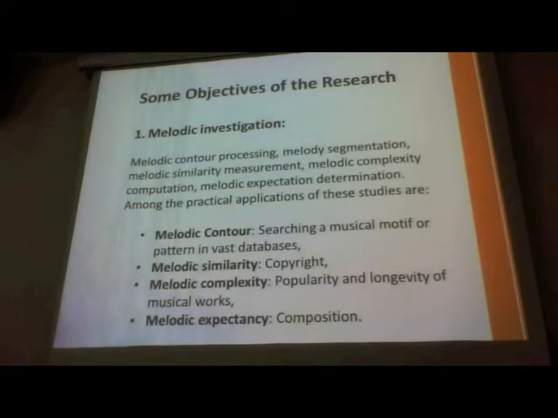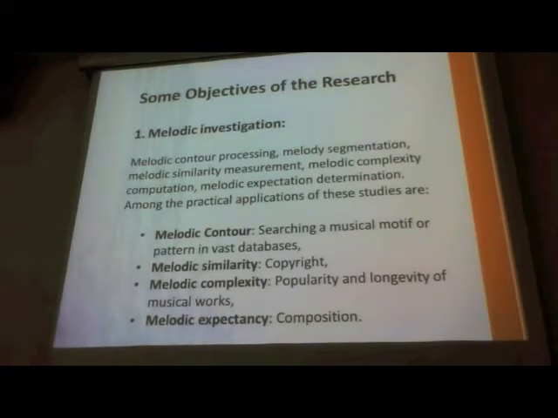Some objectives of our research are melodic investigation, melodic contour processing, melodic segmentation, melodic similarity measurement, melodic complexity computation, melodic expectation determination.